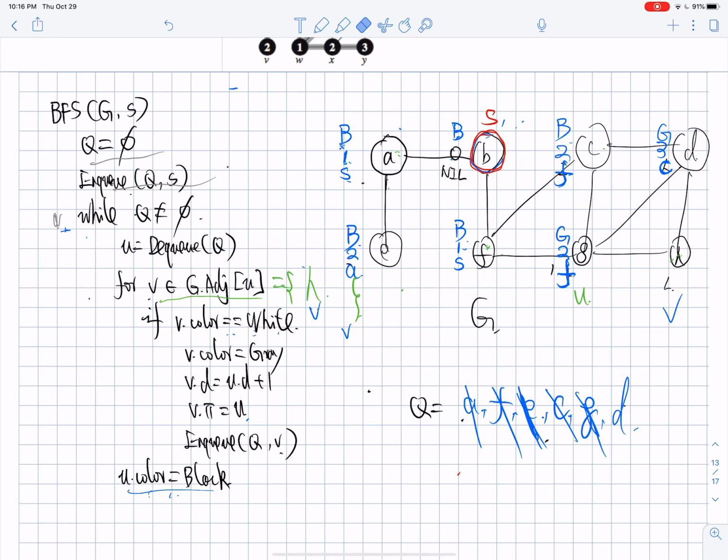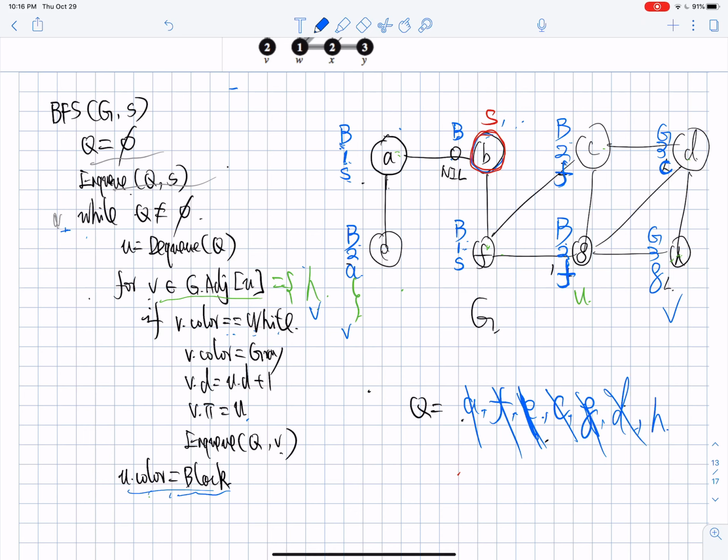We set the distance as 2 plus 1, 3, and we set its parent as G, as U, which is G. Then we enqueue it, so it goes to the end of the queue. After we finish this for loop, we set the color of U to black, so this node turns black. And then we go back to the while loop.